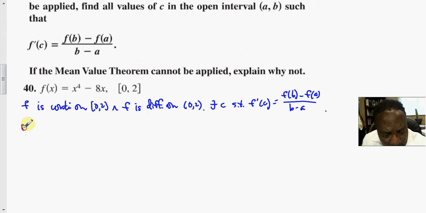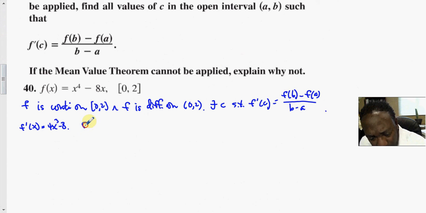So we first find the derivative f prime of x. That gives us 4x to the third minus 8. Now we're going to find the slope of the secant. So we need f of b, which is f of 2. That gives us 2 to the fourth minus 8 times 2, which is 16 minus 16.